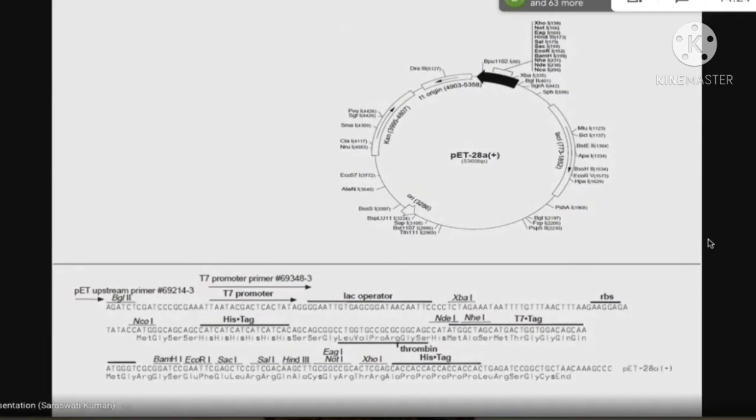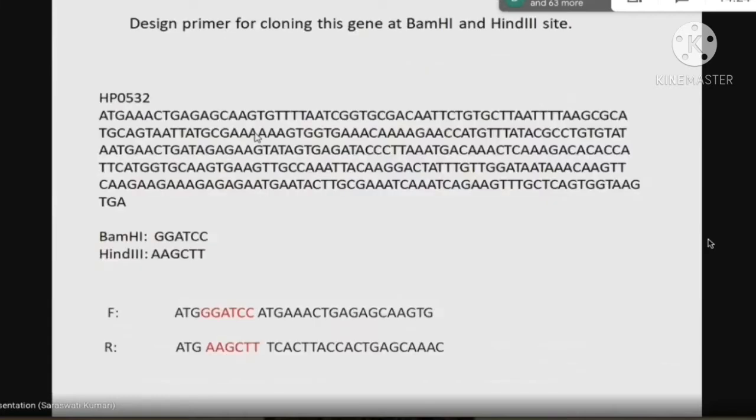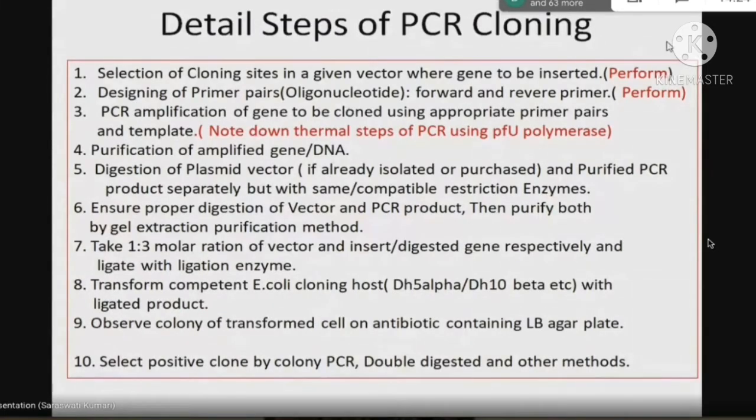Which restriction site will you choose? Write your answer in the message box. Out of several restriction sites present in the MCS in the vector, which restriction site will you select to clone your gene? And we are talking about PCR cloning.